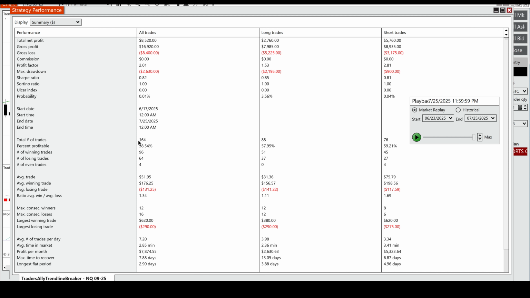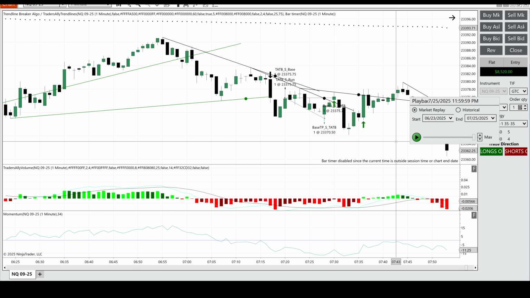There were 164 trades, but you have to divide it by 2, because it always takes 2 trades. These are very good stats for running the whole month, and it was on market replay, so it's a very high quality test. I will attach these new settings with this update version.